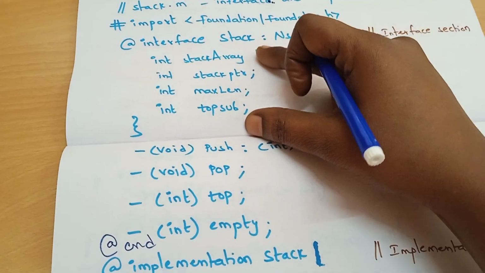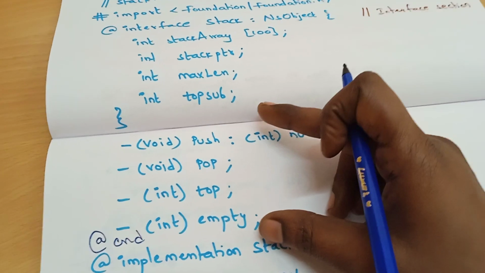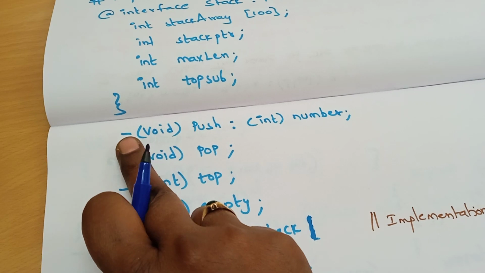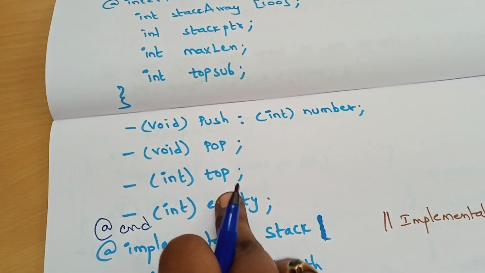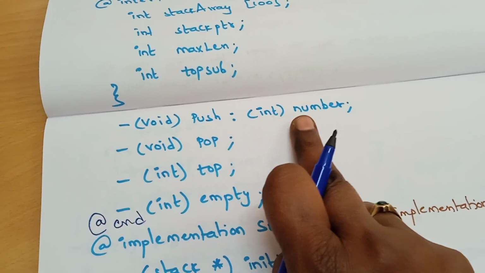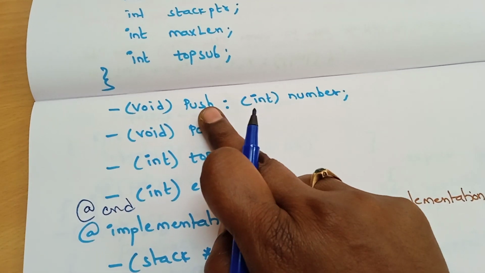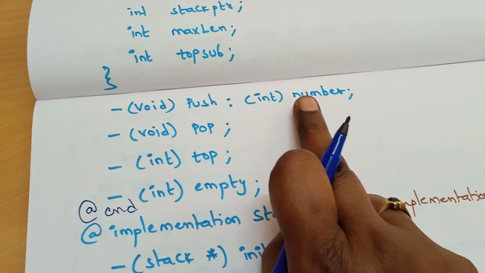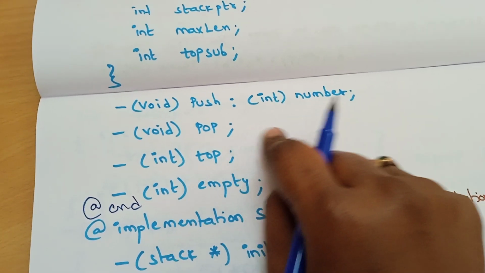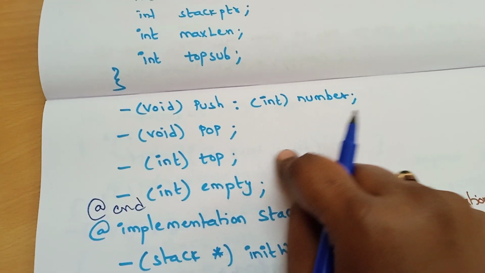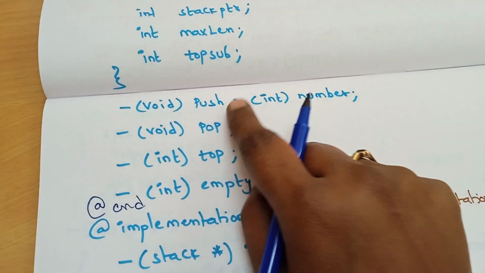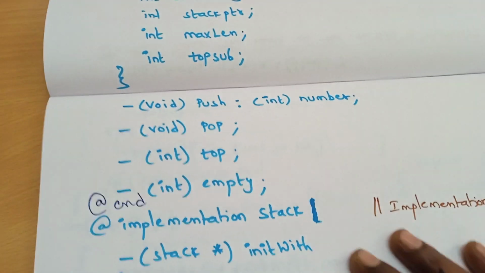Did you notice that I have used the minus symbol for methods? Every method should have a return type, and a method can also have some parameters if it has any. So this is the method name, return type, parameter, and data type of the parameter. This method is not having any parameter, and this method is not having any parameter. So we took four methods, one with a parameter and three with no parameters.